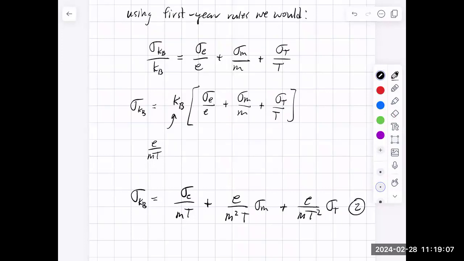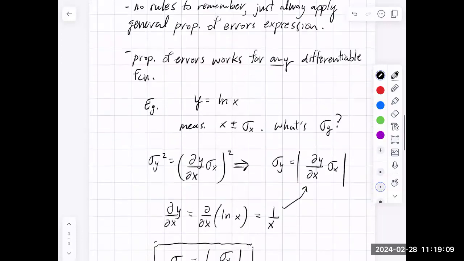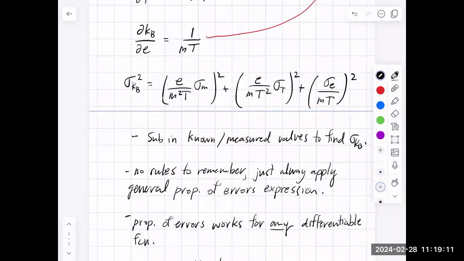And so let's call this equation 2. And let's compare that to equation 1. The sigma M term is M squared over T. The sigma T term is M over T squared. The sigma E term is just M over T. And so all of these terms are the same in equations 1 and 2. The only difference is that we have a square around every term, then we add them up to get the square of the uncertainty.